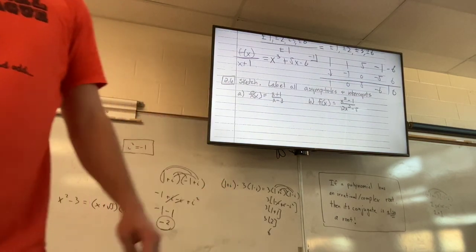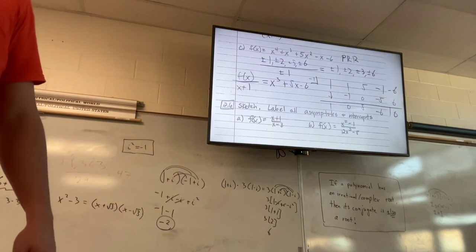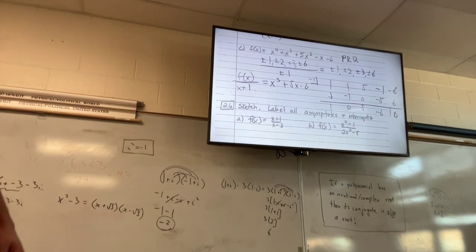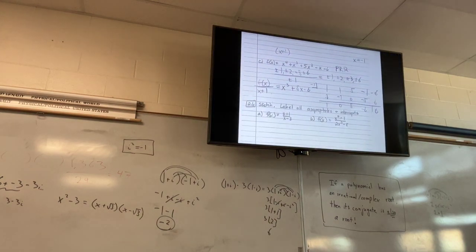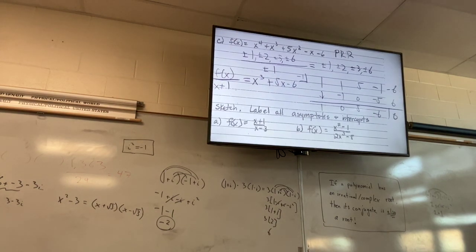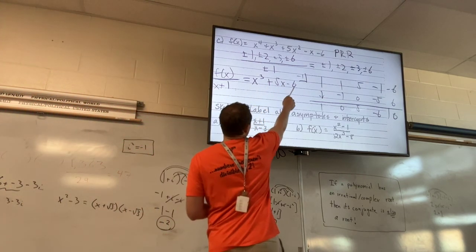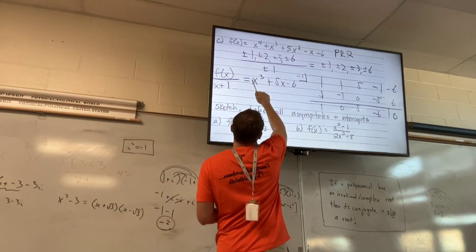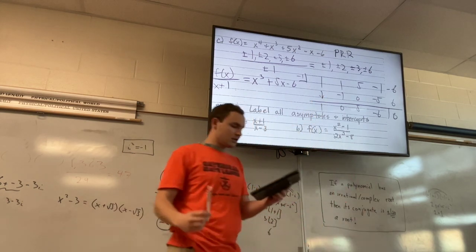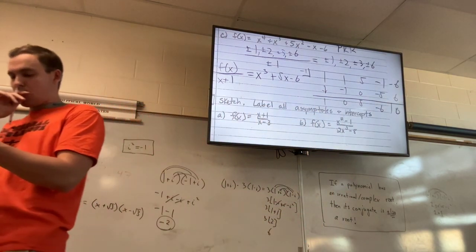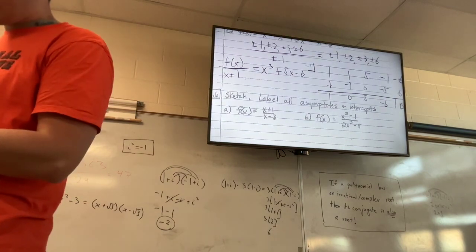And then I think I have to guess again, right? So let's repeat the PRR. My possible rational roots are actually going to end up being the same list. You get plus or minus the factors of this 6 over plus or minus the factors of this 1. Gives you these 8 possibilities. Let's try +1.